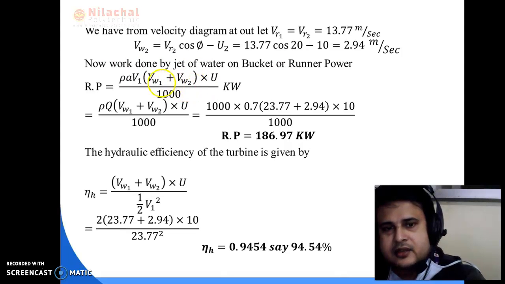The angle made by the jet velocity at outlet is above 90 degree. Hence we put the symbol as plus.